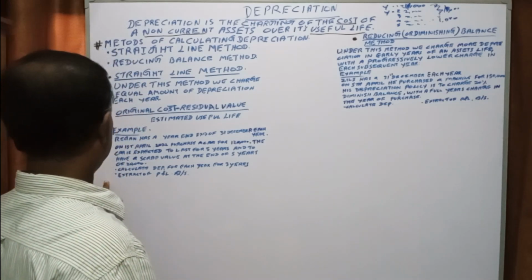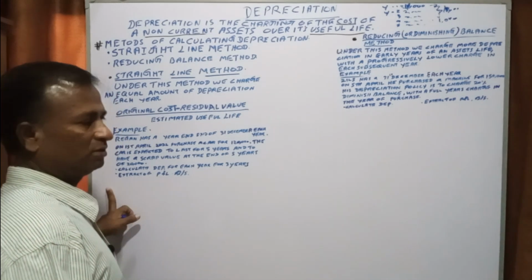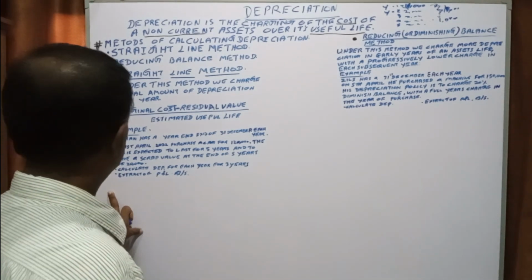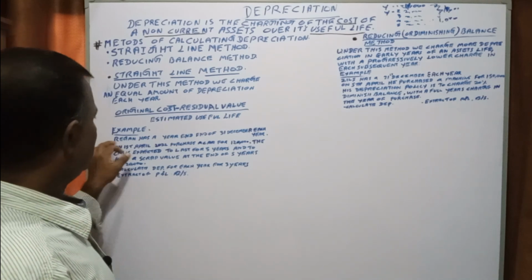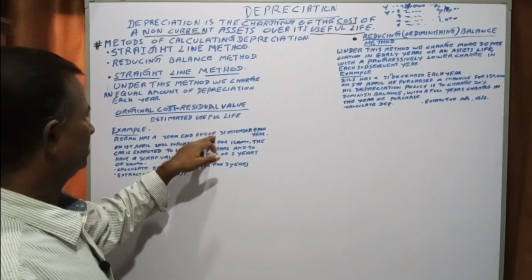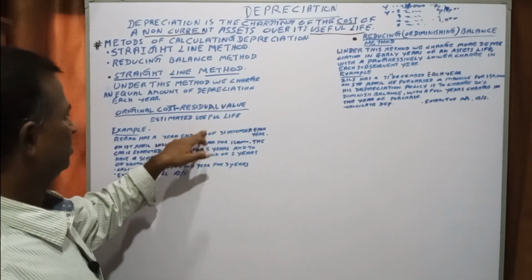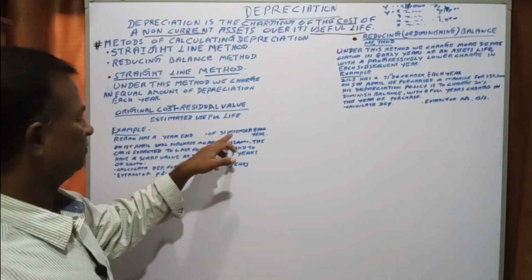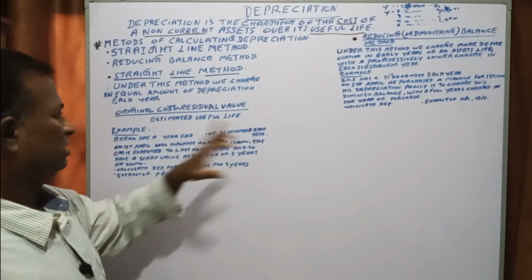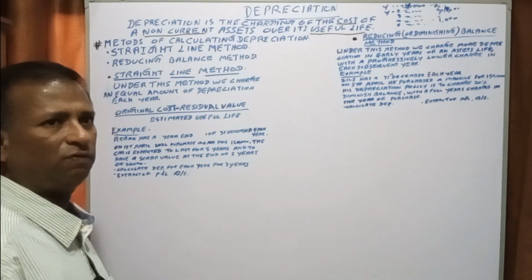So we will see the examples, right? Example: Reagan has a year end of 31st December each year.